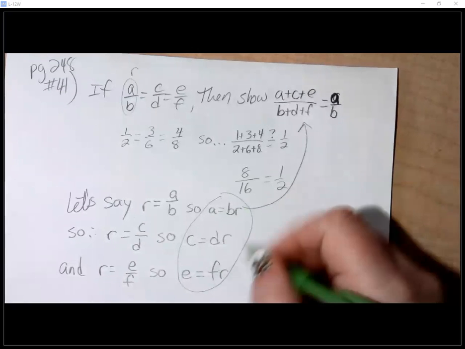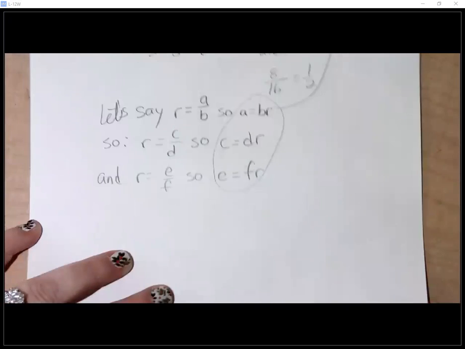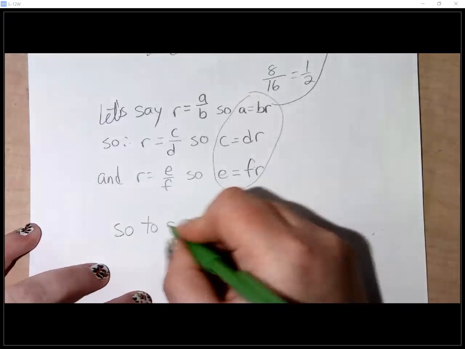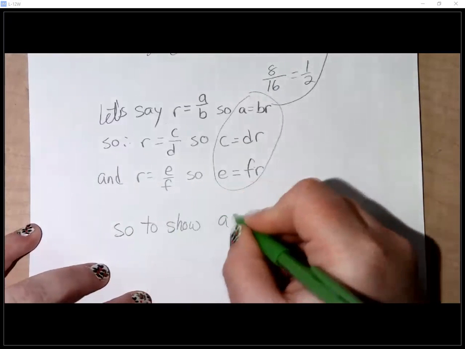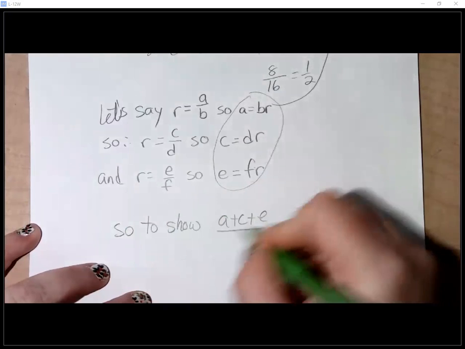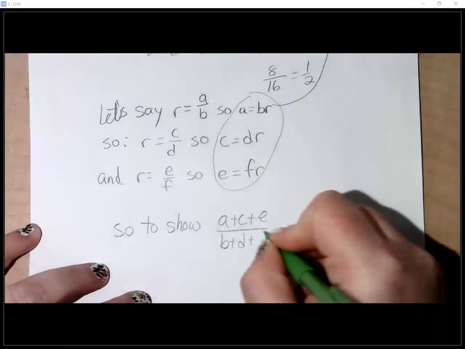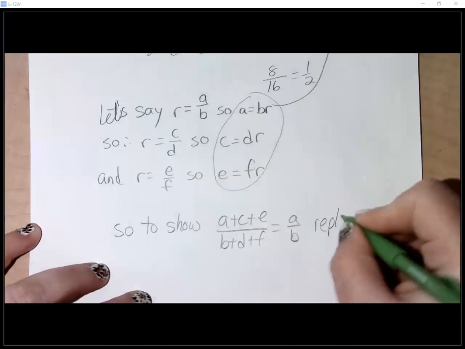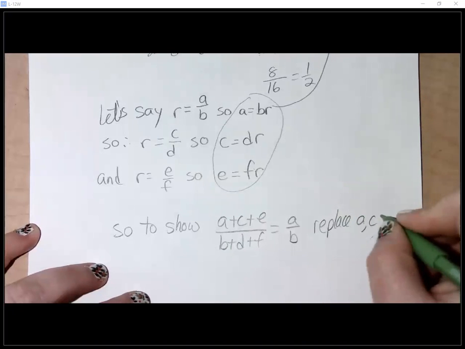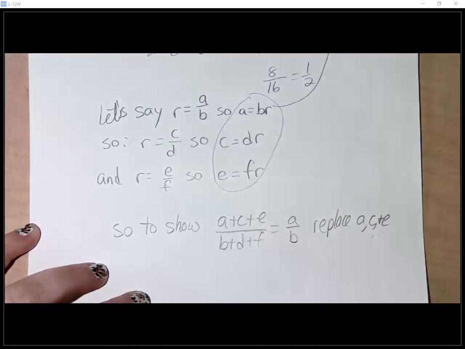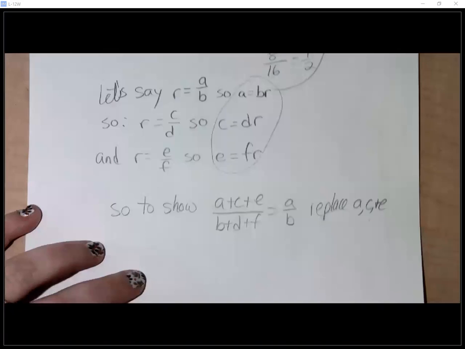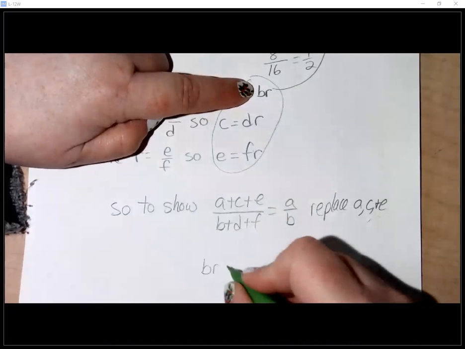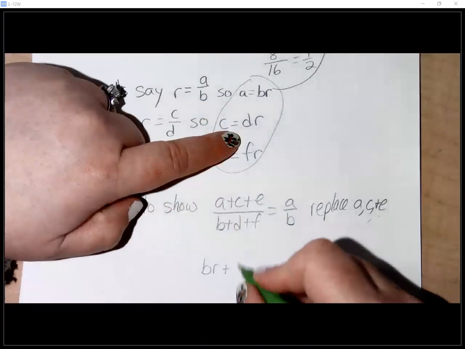So to show A plus C plus E over B plus D plus F equals A over B, replace A, C, and E with what we just found. Check this out. A is no longer A, it's B times R. BR plus, instead of C, I write DR. Instead of E, I write FR.